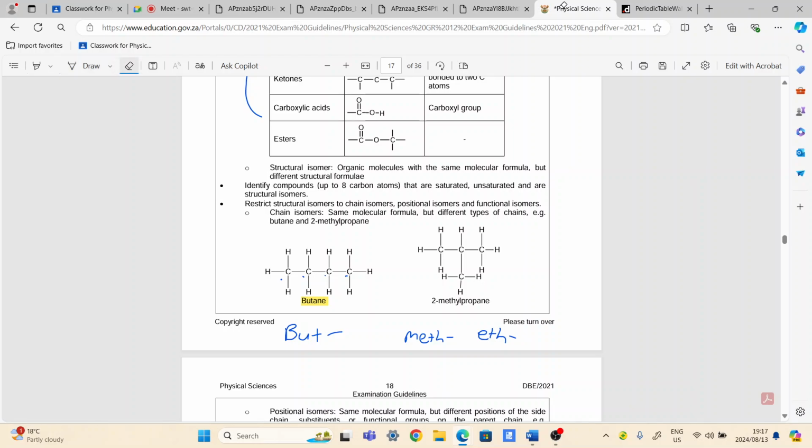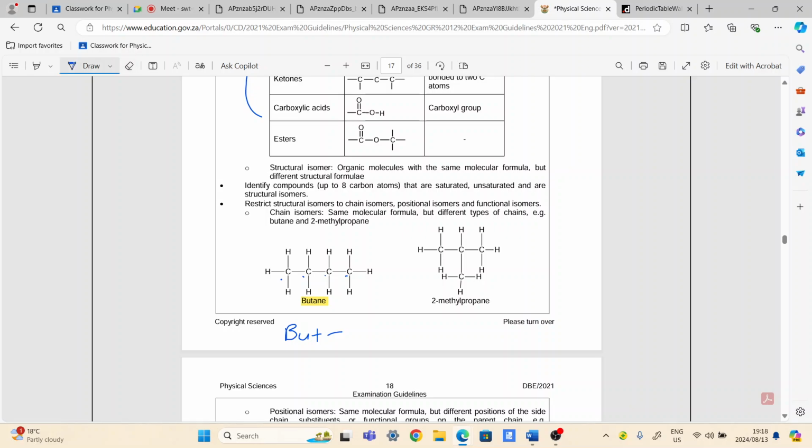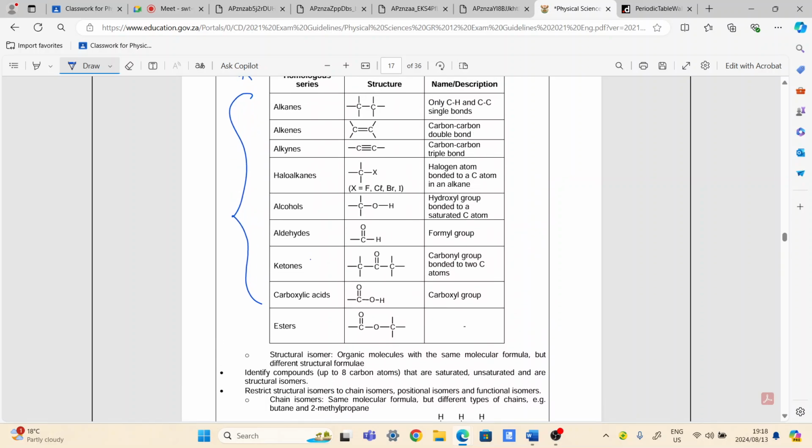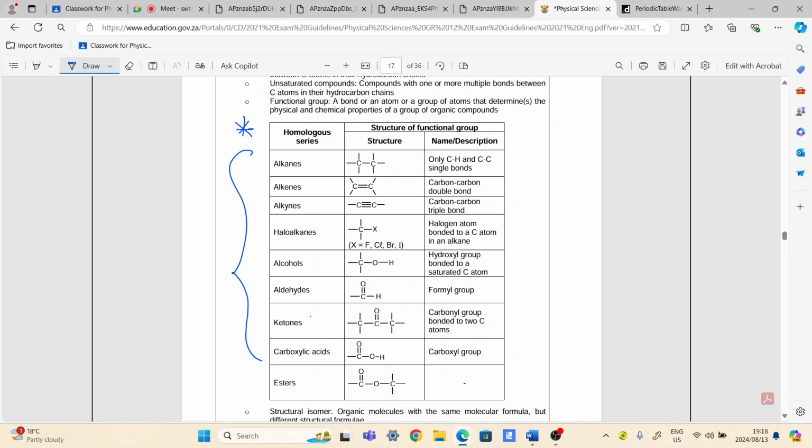The other part of this: the BUT is the prefix, and then the suffix, the ANE, is made up of the fact that it's all single bonds between the carbons. So you'll see that according to the table here, alkane has ANE, there's only a single bond. It says ENE here, alkene, because there's a double bond.